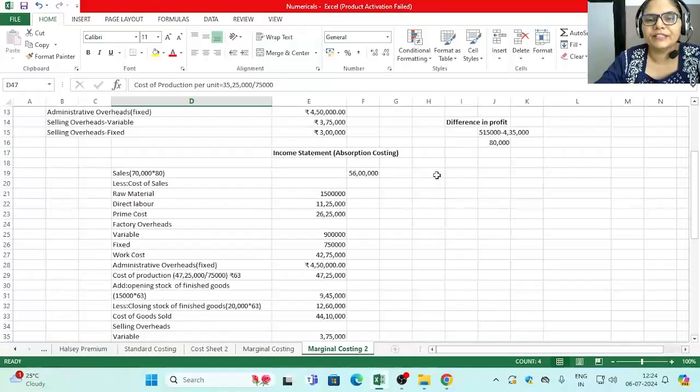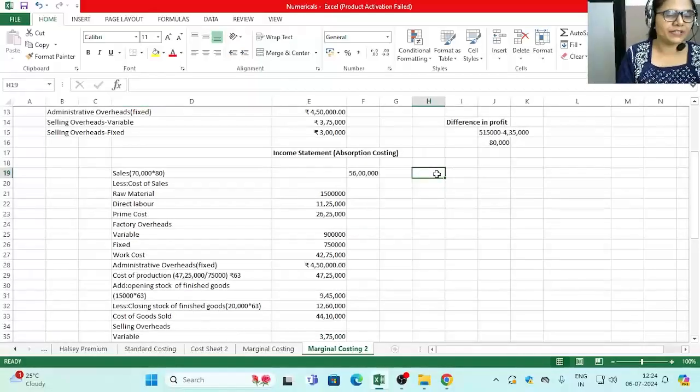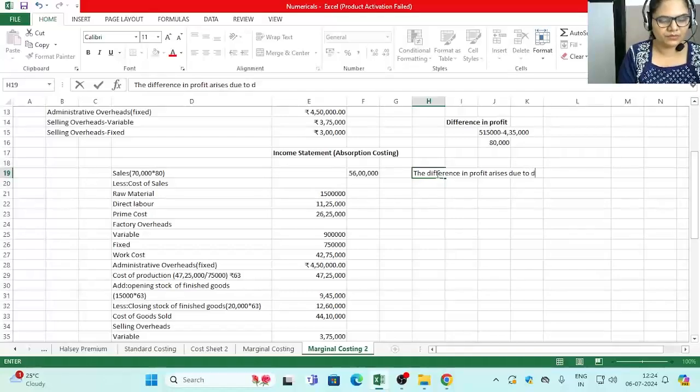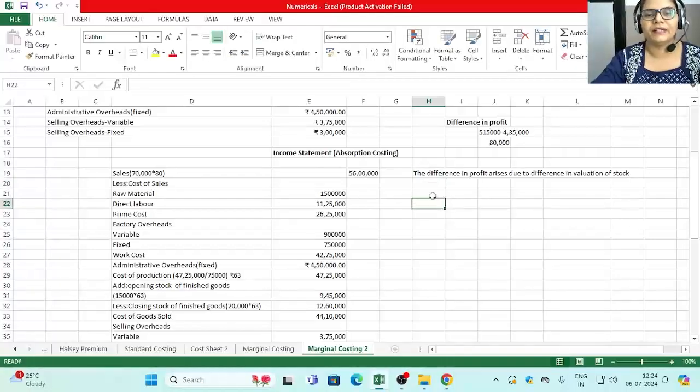So let me explain why the difference in profit arises due to difference in valuation of stock, and let us explain this situation.